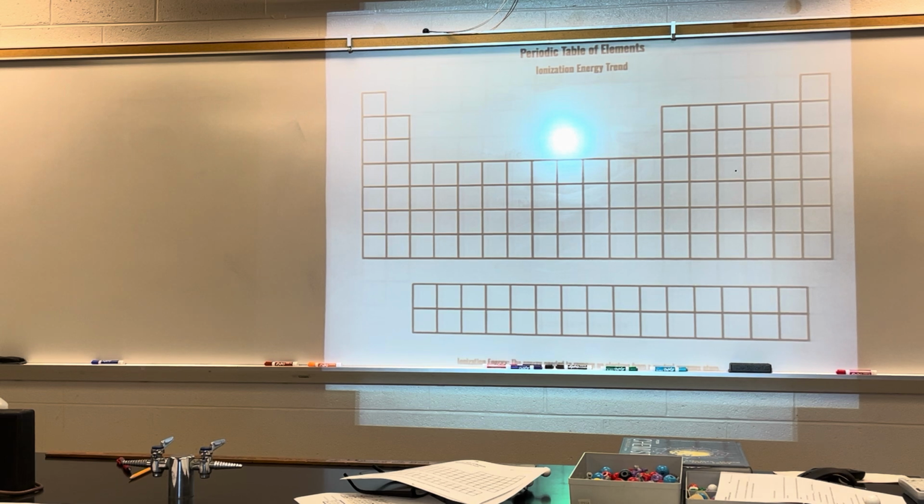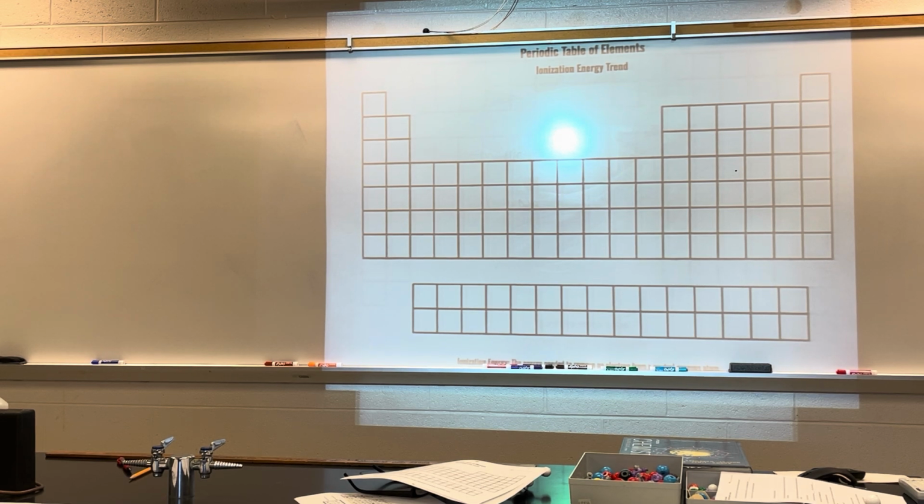Okay, look. Ionization energy. Who wants to read? Go ahead, John. The energy needed to remove an electron from a neutral gaseous atom. Too many people were talking when he did that. So read it again.